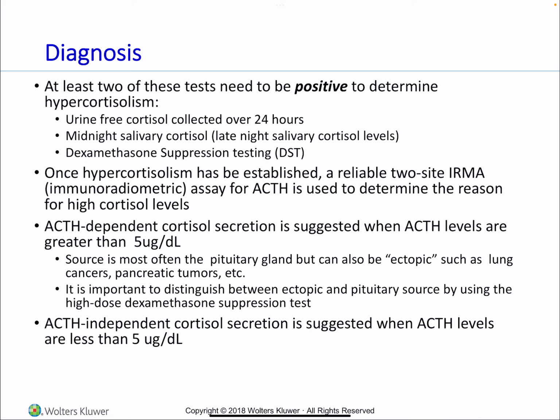But the ACTH dependent Cushing's disease is the most common reason for the excess cortisol levels, and it accounts for about 70% of cases.